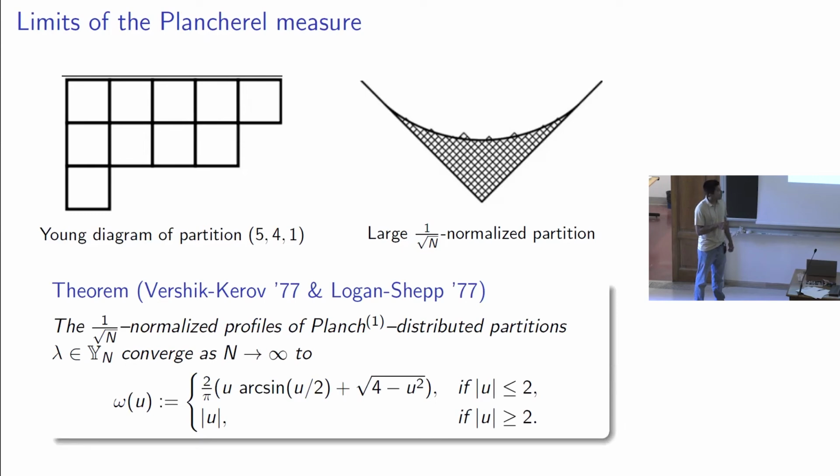And that limit shape is given by this formula here. It is compactly supported, so outside of a small interval it will just be the trivial wedge, square root of absolute value of u. But inside -2 to 2, you have this non-trivial formula. This is called the Vershik-Kerov Logan-Shepp limit shape.